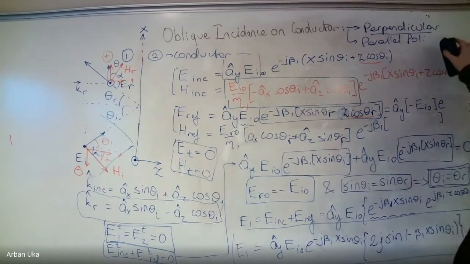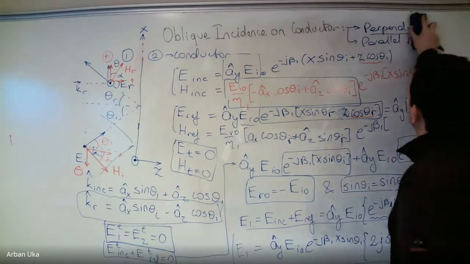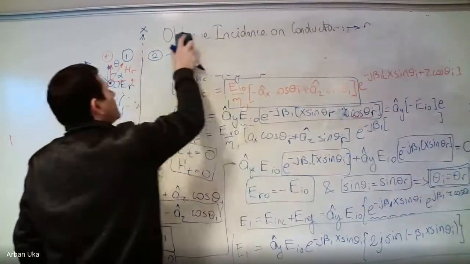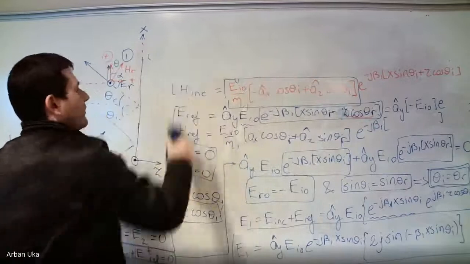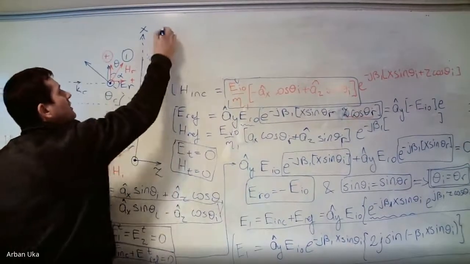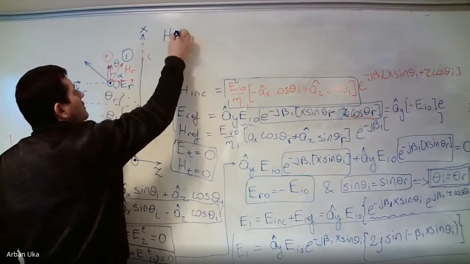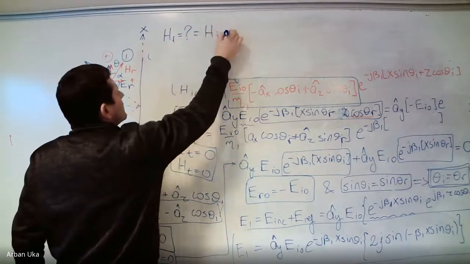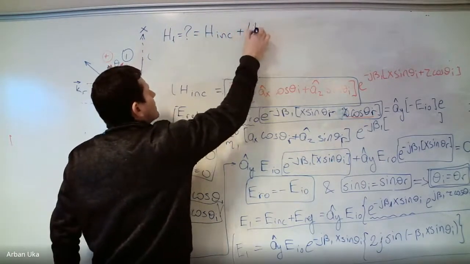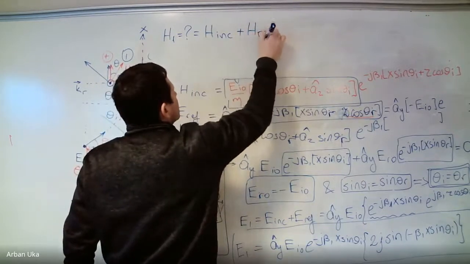I don't know which part we should erase, so for a moment allow me to erase this part. Then we would be interested in finding what is H1. H1 should be equal to the incident wave plus the reflected magnetic field intensity.